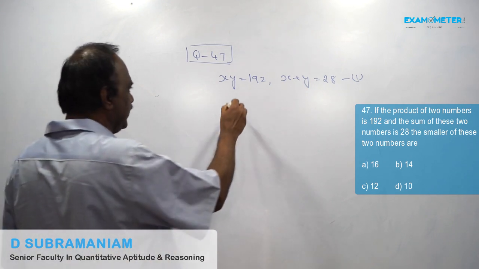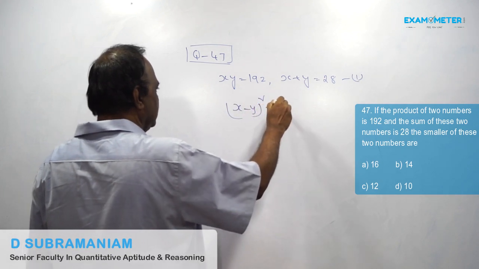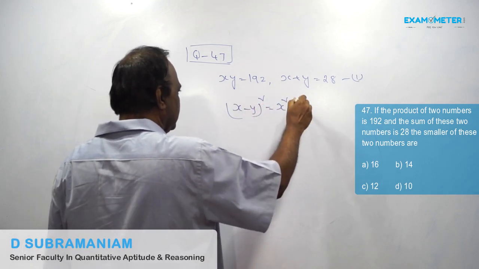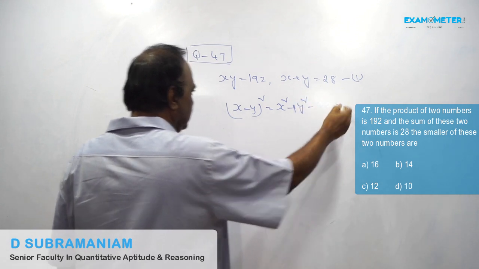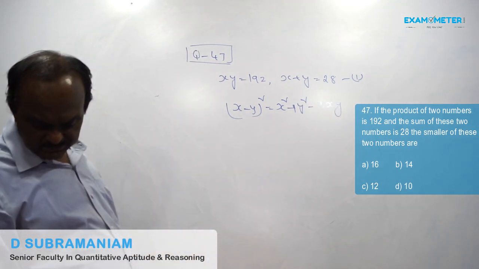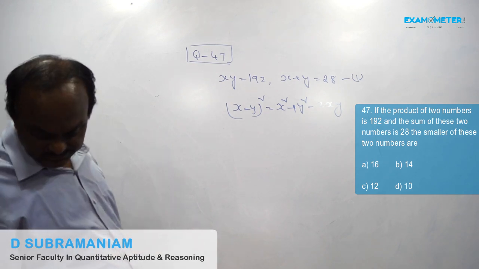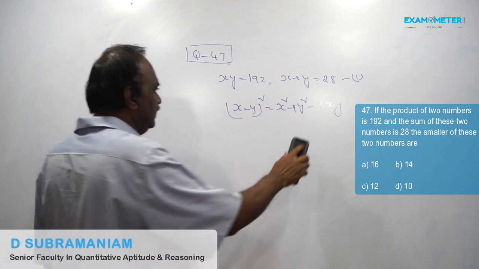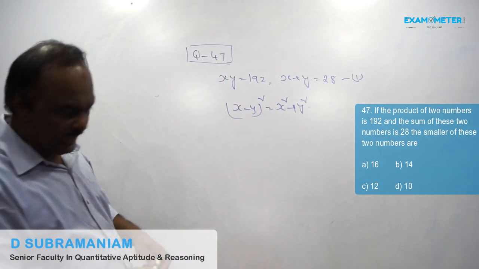So (x minus y) whole square, x square plus y square minus 2xy, or you can write it as (x plus y) whole square minus 4xy.